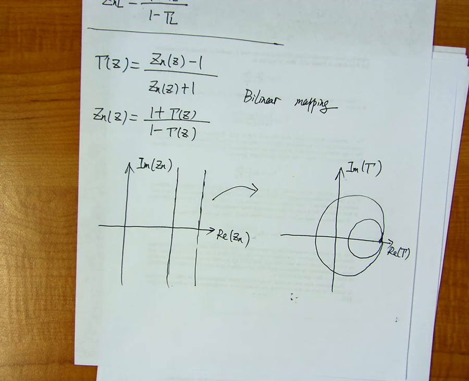Which means if I have a point, let's say here, this point is the intersection between the inner circle 2 and the outer circle 3, which means this point represents the normalized impedance 3 plus j2. So this is a one-to-one mapping between any normalized impedance and the Smith chart.